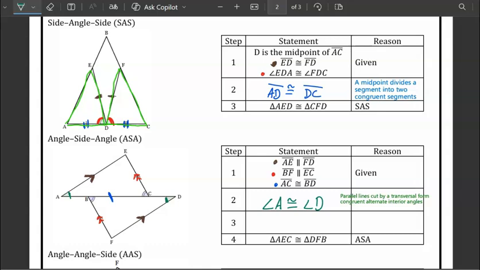So remember, if you have parallel lines and they're cut by transversal, the alternate interior angles are congruent. So we could say that these two angles are congruent. Angle ACE and angle DBF.